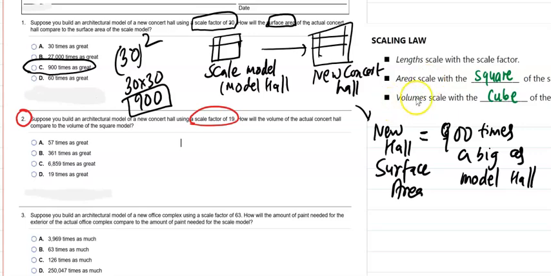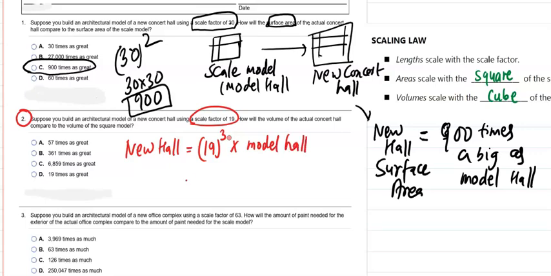So here's the rule: volume is scaled with the cube of the scale factor. So the new hall is 19, the scale factor, to the power 3, times the model hall.